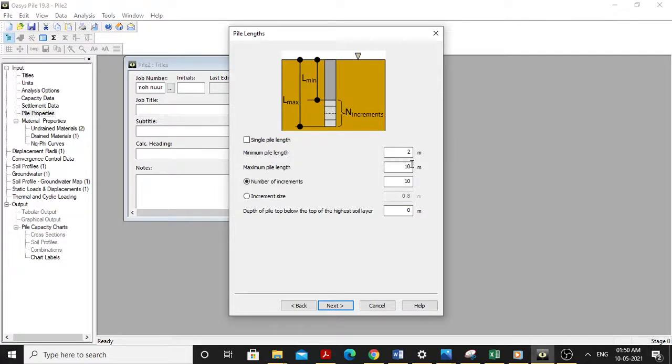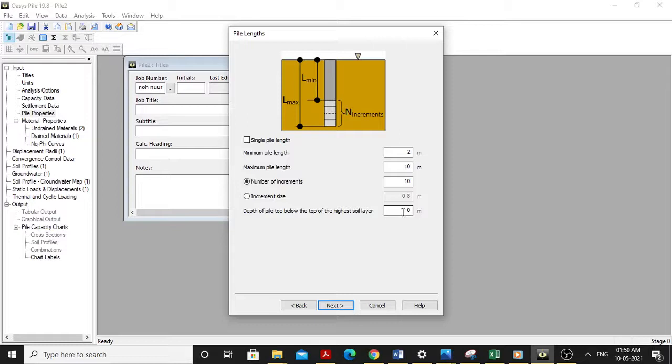This is because you need the pile capacity chart, and in the pile capacity chart you want to know the capacity at each level, how the geotechnical capacity is varying in the soil. So for that reason we have kept it 2 and 10. Number of increments we gave is 10, and the depth of pile below the top of the high soil layer we have given 0.